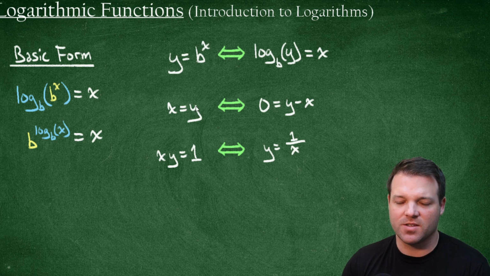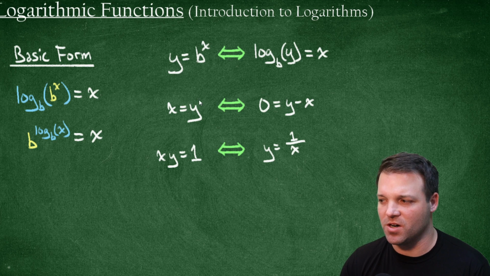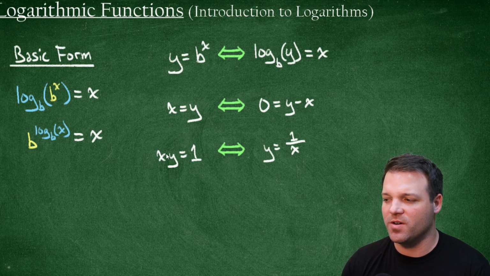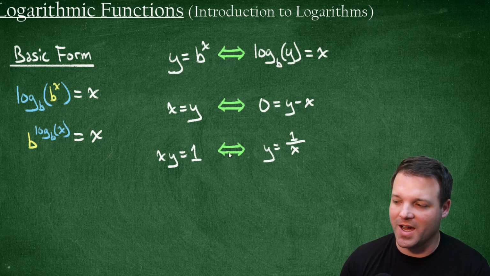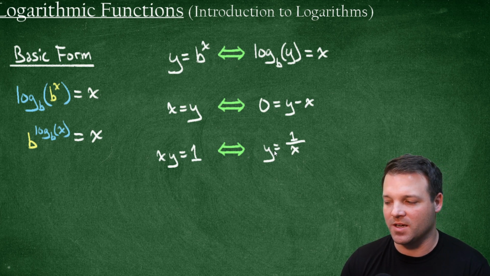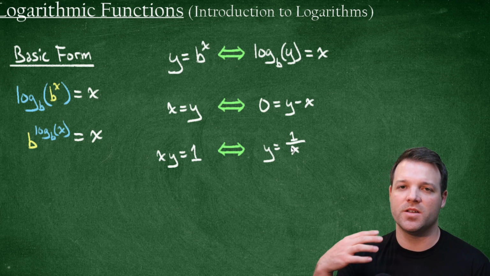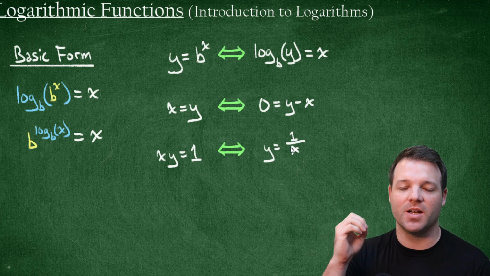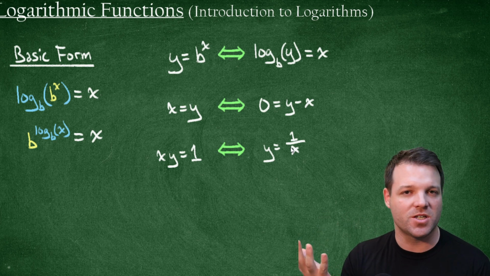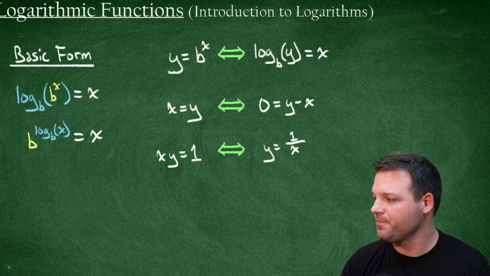I could subtract. This is addition and subtraction, right? I'm just applying the inverse property, and these are equivalent, right? Or this one right here, this multiplication, x times y is equal to 1. Well, I could divide, use that inverse property, and I could say y is equal to 1 divided by x, right? All I'm doing here is applying algebra, right? And I'm just applying the inverses for each operation. That's all we're doing, okay?